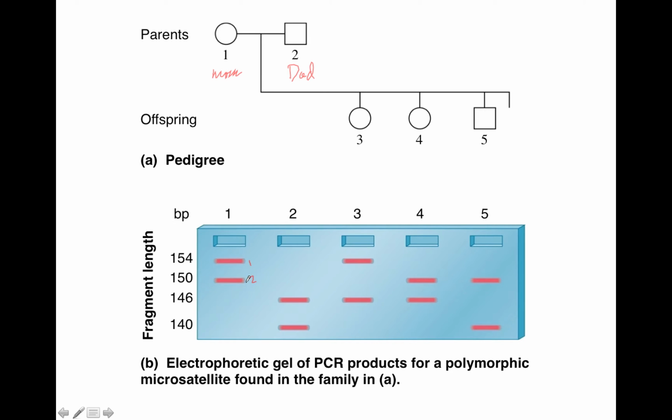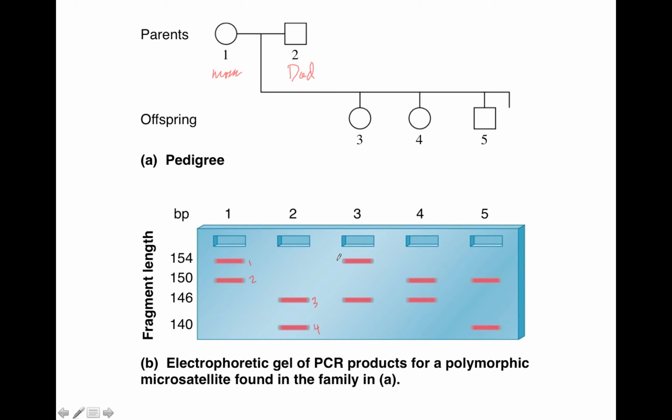So she's heterozygous at this particular polymorphic locus. Dad is also heterozygous, but has two different PCR products. It's shorter, 3 and 4. Okay, so all of the offspring, if they indeed are the offspring of these two parents, should have one allele that they got from mom and one allele that they got from dad. Let's see if that works out.